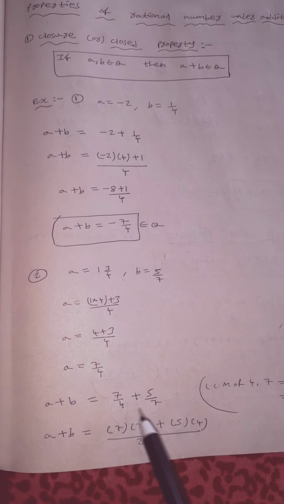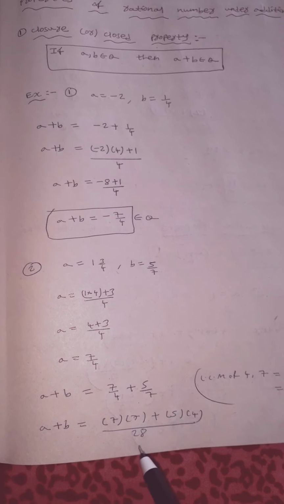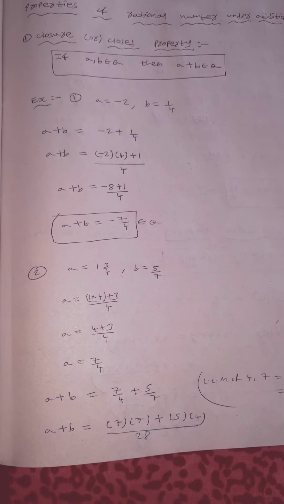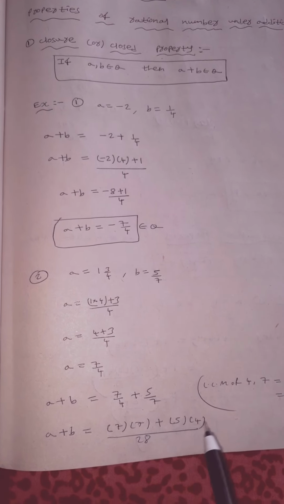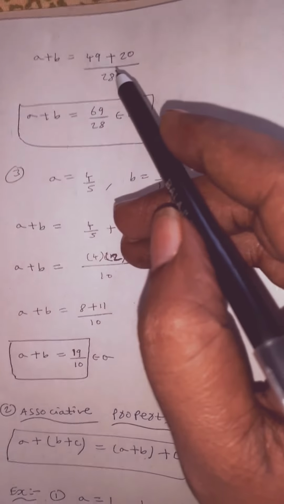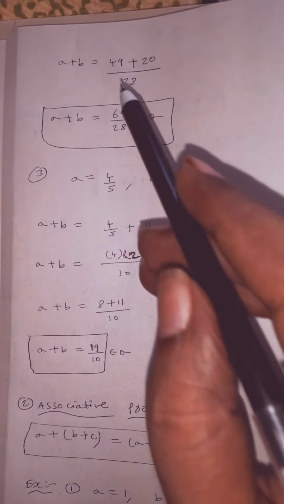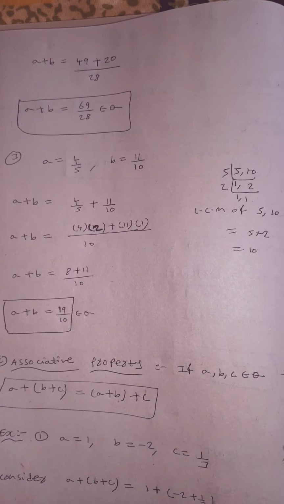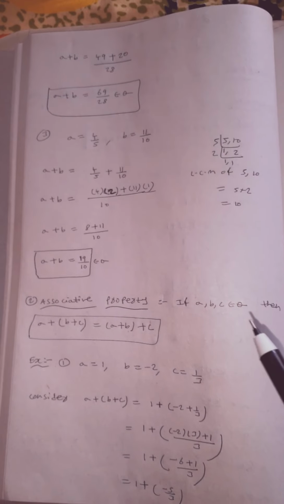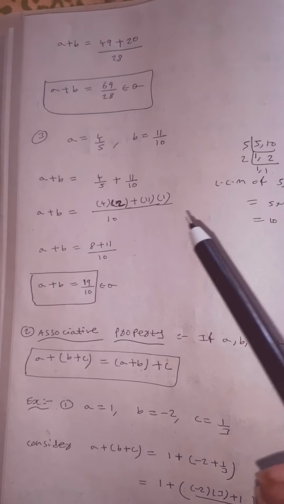Whatever number is there here, write that number into 4 by 28. So 7 7s how much, children? 7 7s are 49, plus 5 4s are 20. So 49 plus 20 by 28. 49 plus 20 how much, children? 69 by 28. Means it is a rational number or not? So it is a rational number, belongs to Q.